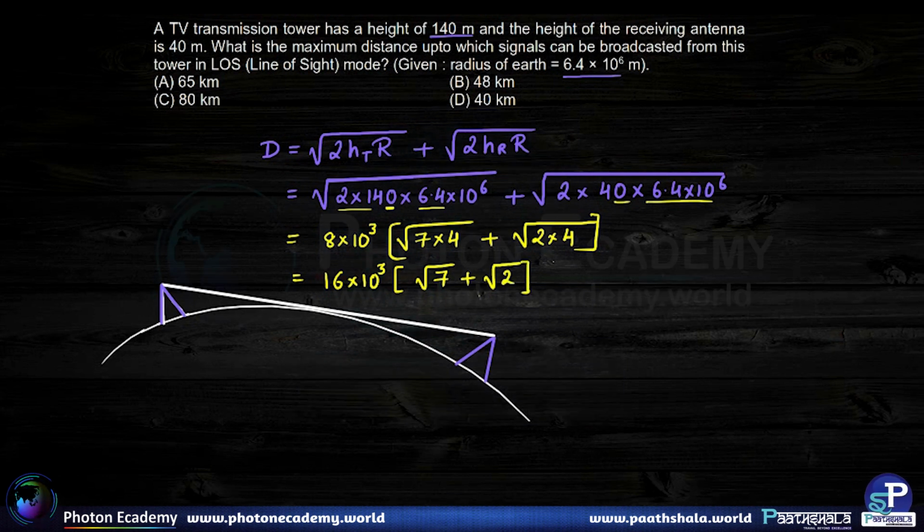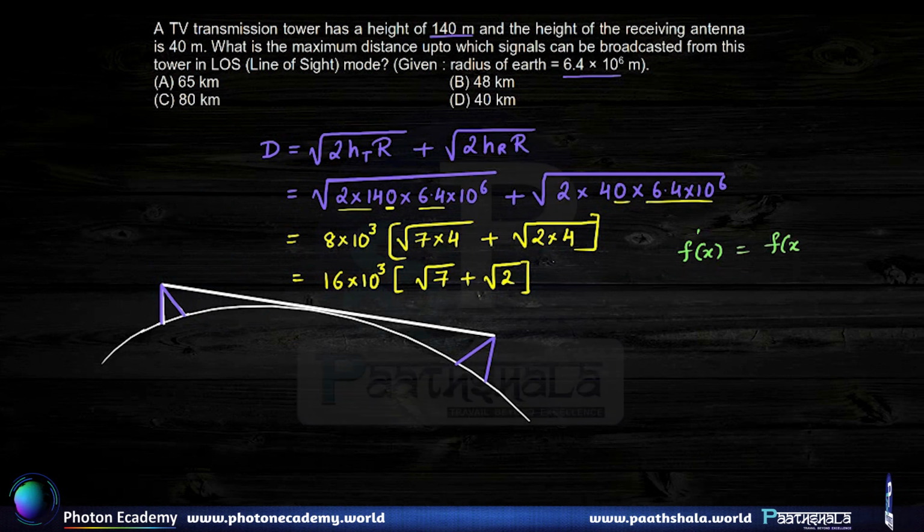Now there is one approximation technique wherein we can find out the root of 7. This approximation technique simply uses the definition of derivatives. According to the definition of derivatives, f dash of x is equal to f of x minus f of x minus h upon h.